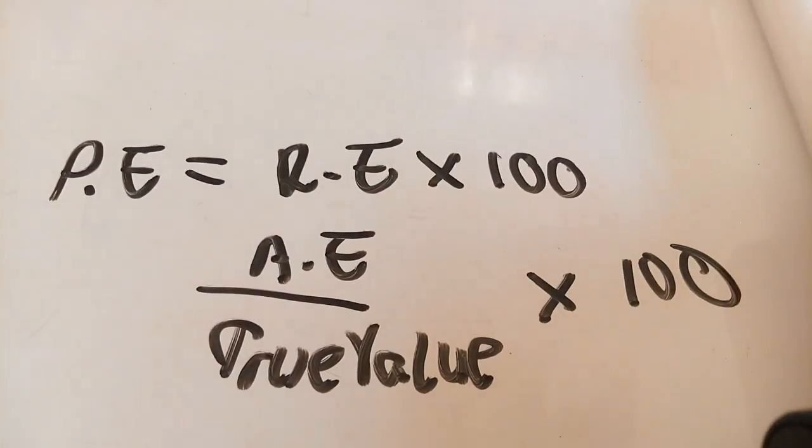That's how you find percentage error. Let's have another example so we can understand what I mean. Let's find the percentage error of a bottle whose measurement is taken to be 15.2 centimeters when its true diameter is 15 centimeters.